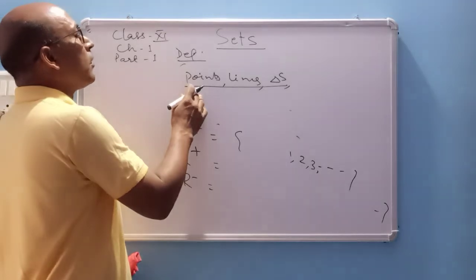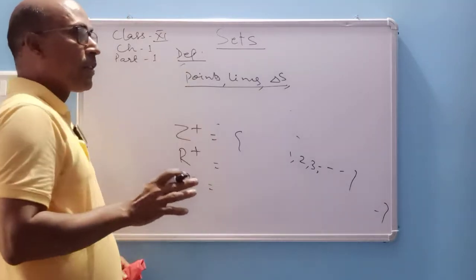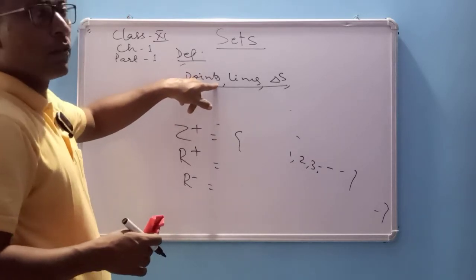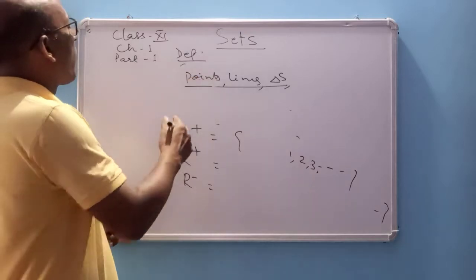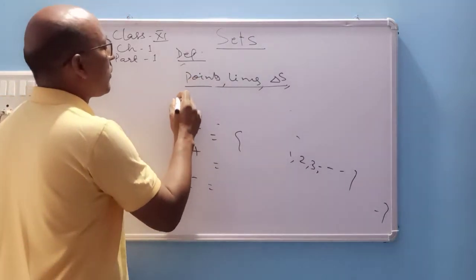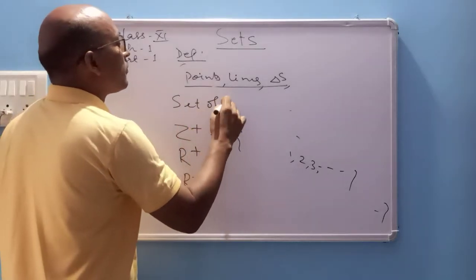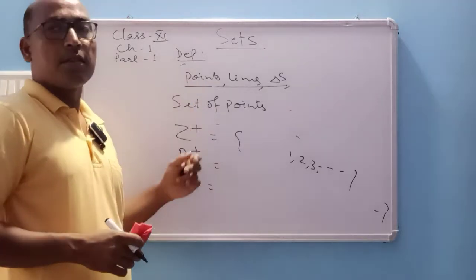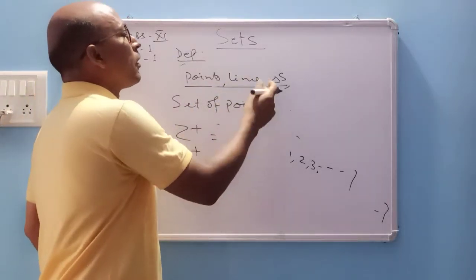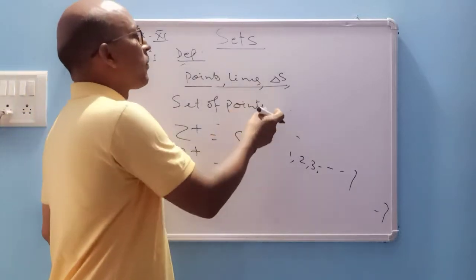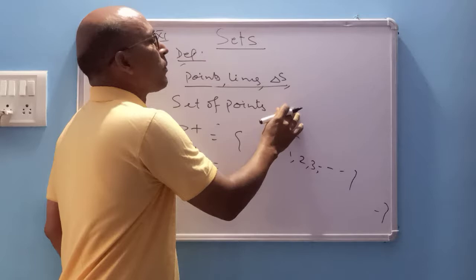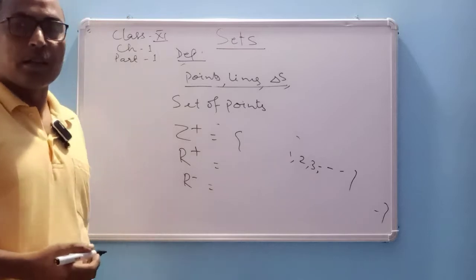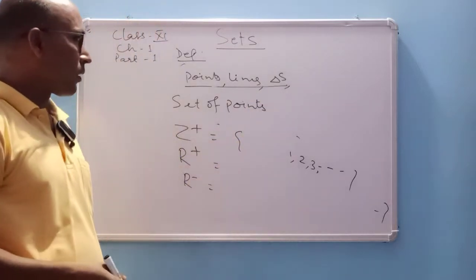So, in geometry, the application of sets is that we denote points by a set, and we call it the set of points. When there is a collection of points, we call it the set of points, set of lines, the set of lines which have slope 1, or sets of equilateral triangles, sets of right angle triangles.